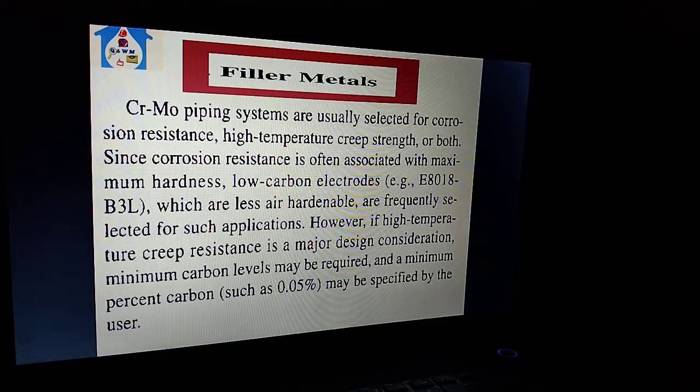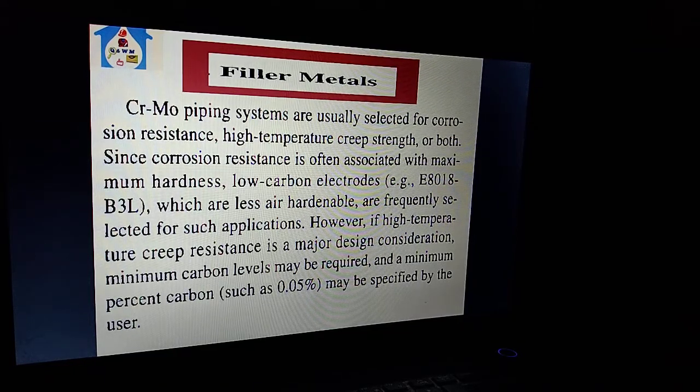Chromium-molybdenum piping systems are usually selected for corrosion resistance, higher temperature creep strength, or both, since corrosion resistance is often associated with maximum hardness. Low carbon electrodes like E8018-B3L, which are less air hardenable, are frequently selected for such applications.